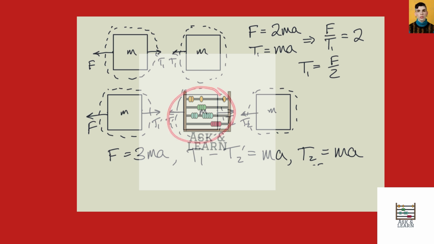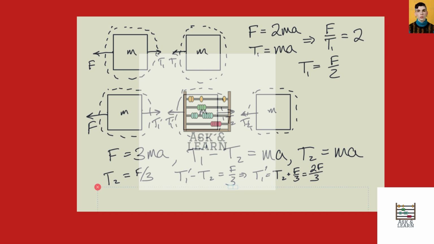Looking at the second mass here, we have T1 prime minus T2 equals the mass of that box times the acceleration, which is the same for all boxes. And in the last case, we have T2 equals the mass times the acceleration of that box.